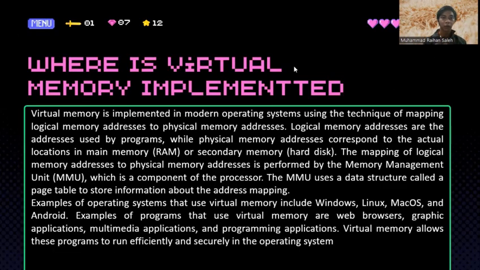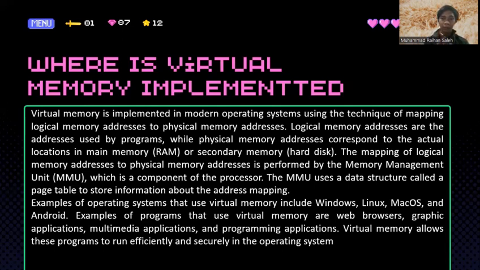Where is virtual memory implemented? Virtual memory is implemented in modern operating systems using the technique of mapping logical memory addresses to physical memory addresses. Logical memory addresses are the addresses used by programs, while physical memory addresses correspond to actual locations in main memory RAM or secondary memory hard disk.